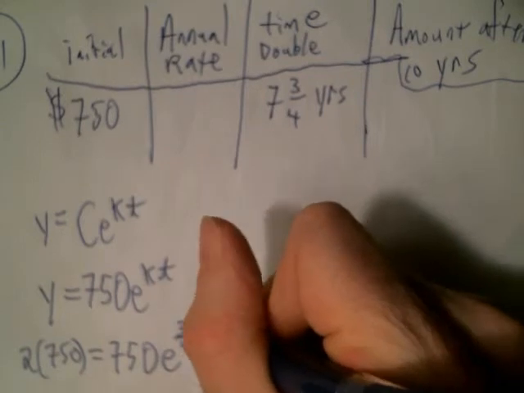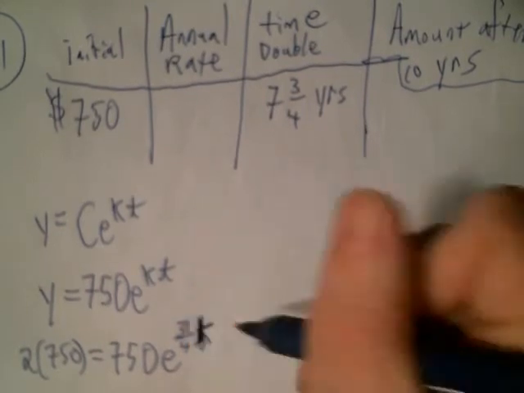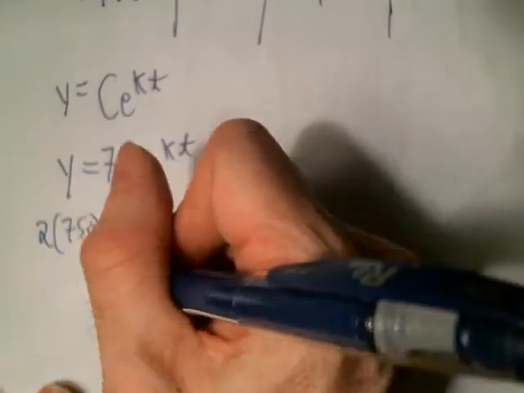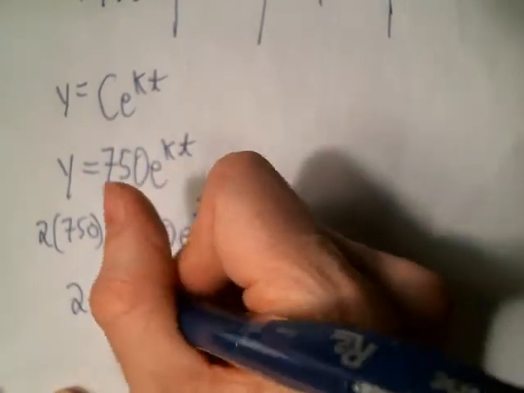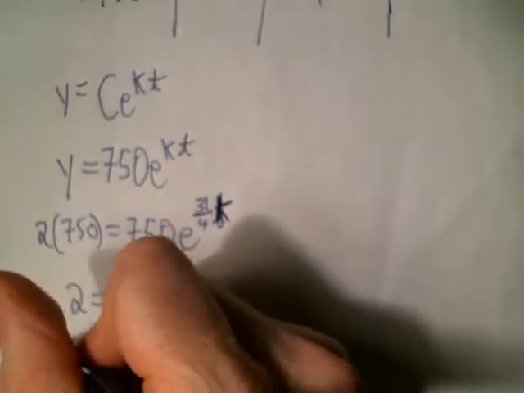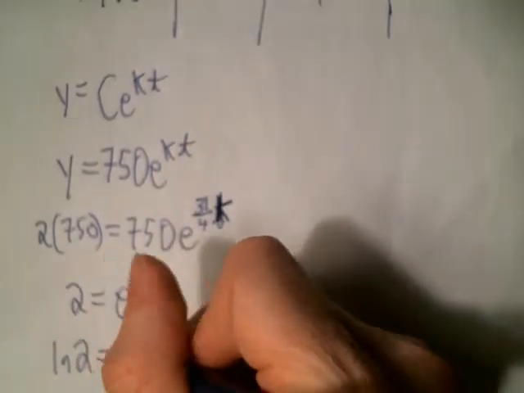Once you have that, then you can solve for k and divide both sides by 750. 2 is e to the 31/4 k. Take the ln of both sides.